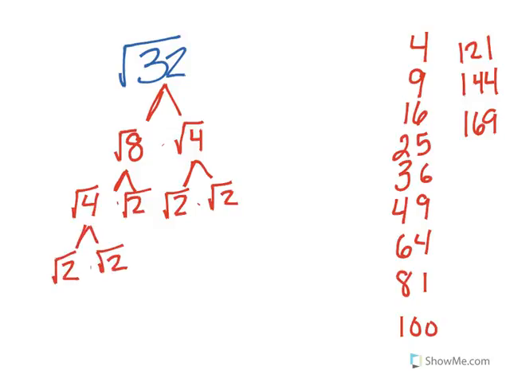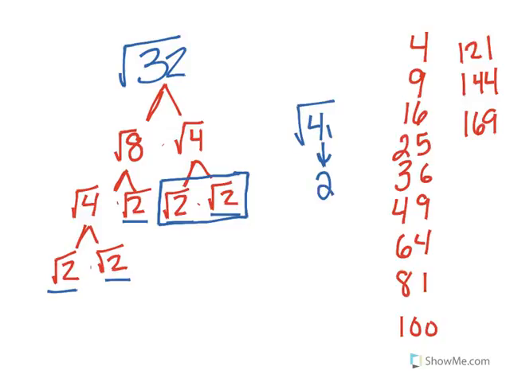Okay, so here are all my primes. So let's combine these 2 to make a radical 4, and that becomes a whole number 2. So those become a set of 2. I'll combine these 2 to make a radical 4, which turns out to be a whole number 2.